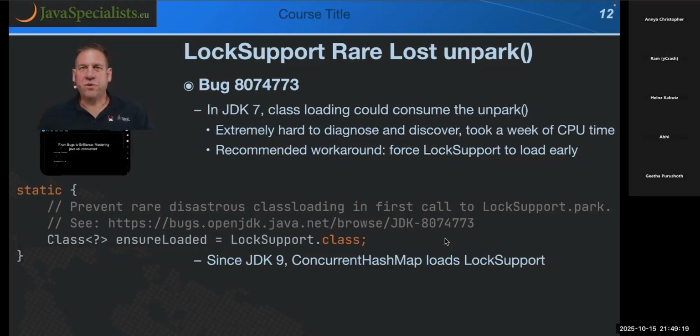Somebody at Google managed to discover this error, that sometimes they just have a deadlock. The thread would just never get unparked. He managed to write some test code to find this problem, but it had to run for like a week of CPU time in order to discover it. He'd start and stop and start and stop until eventually he had the problem.